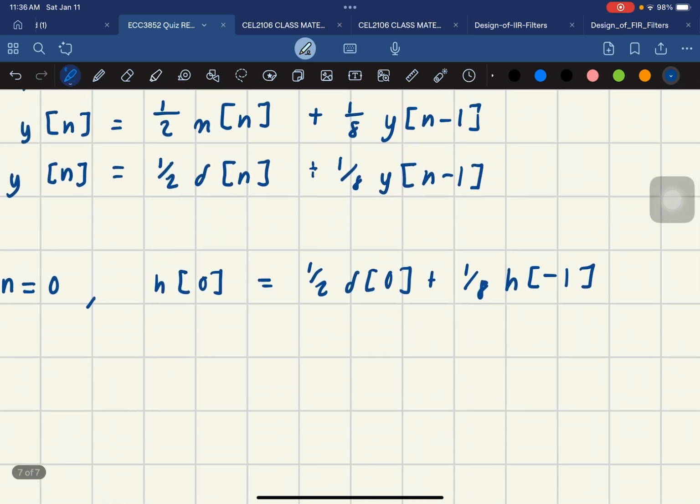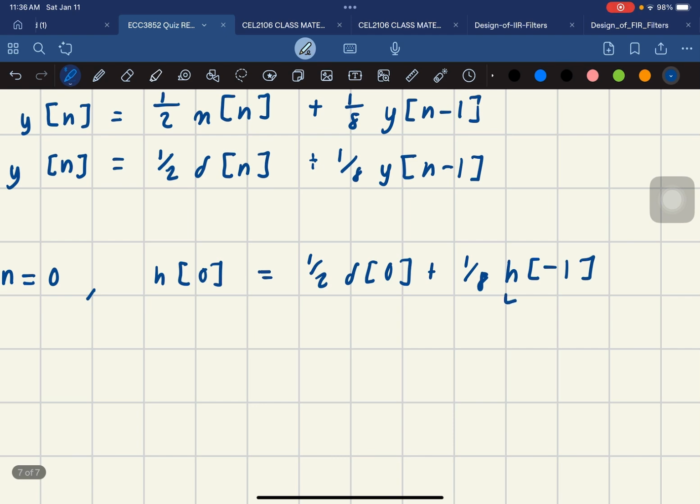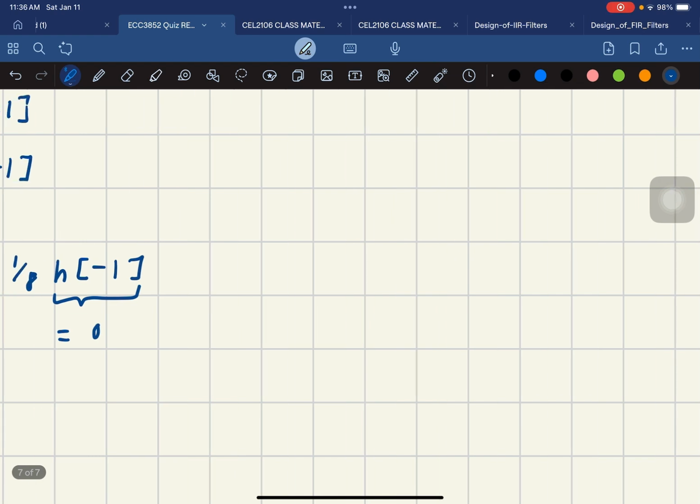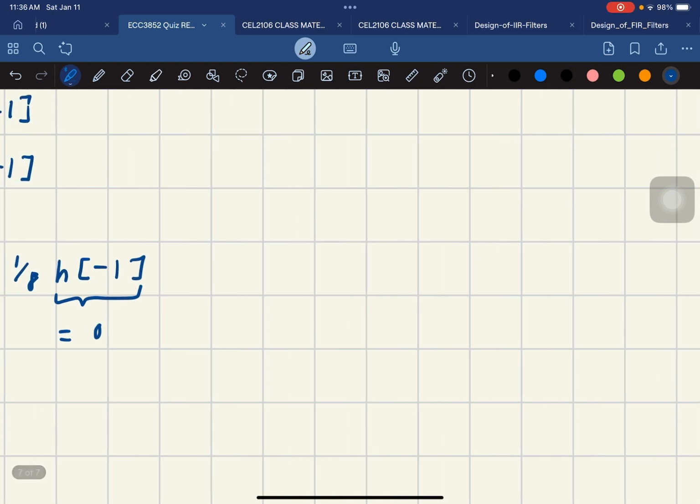Since we know that h[negative 1] is equal to 0, because delta[n] when n is equal to 0 is 1, and 0 if n is not equal to 0.